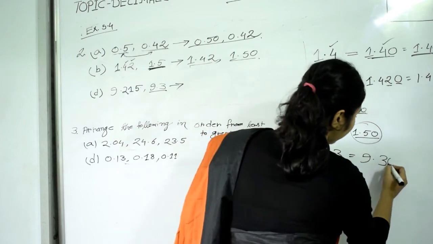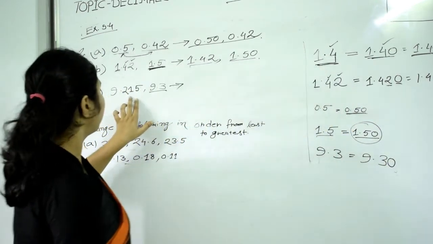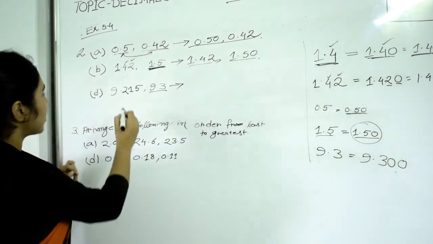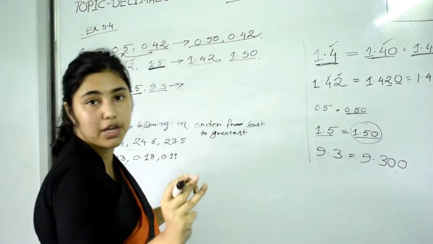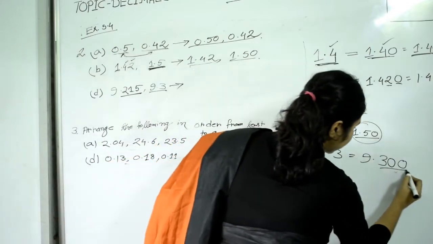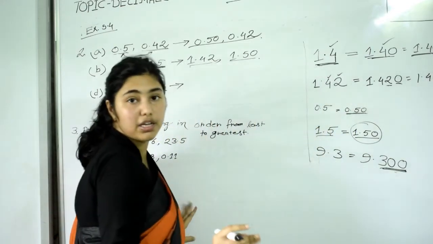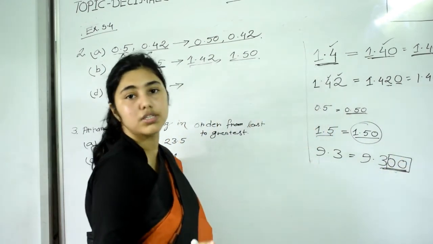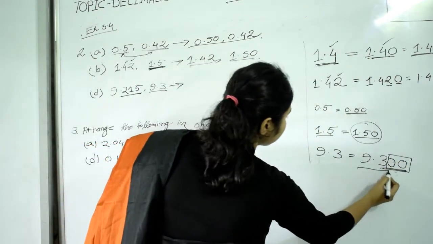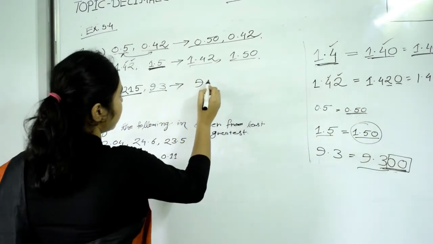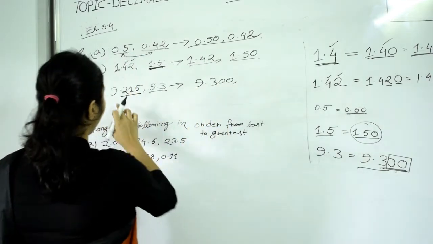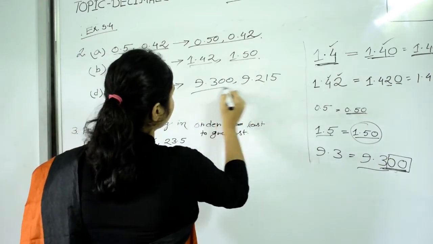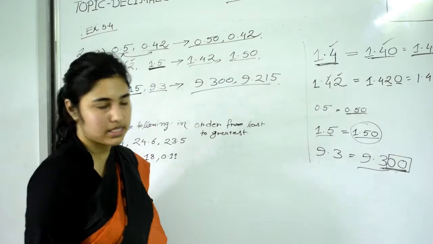So add 0 and one more 0, because this number has 3 decimal places. So we have to make this number 3 decimal places. That's why we are taking 2 more zeros. Then this number 9.300 and this number 9.215 both are like decimals.